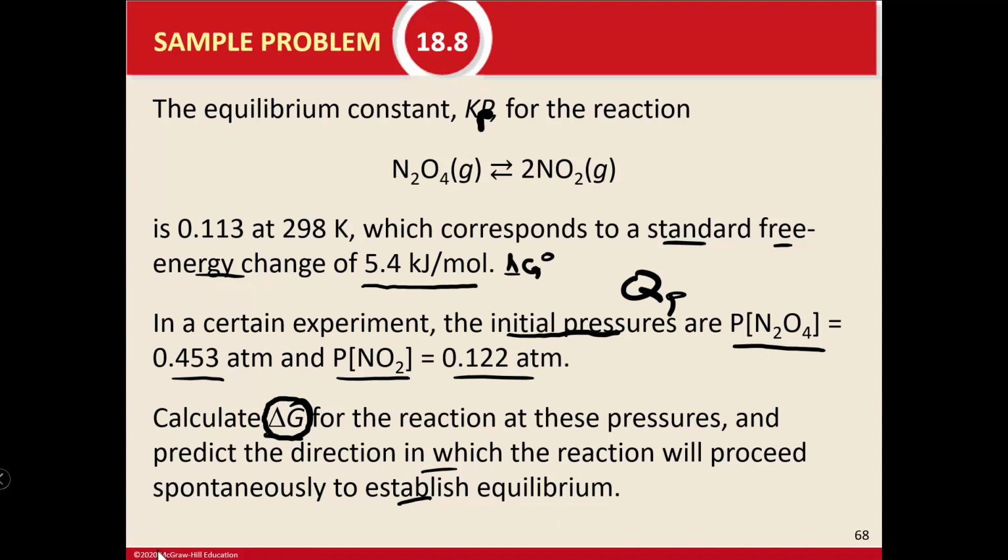They don't tell me what R is, but I know that the R I'm going to use is 8.314 times 10 to the negative 3 kilojoules per mole Kelvin. And the temperature, let's make sure we get that, 298 Kelvin. So we have all the information present on this slide to solve this problem.